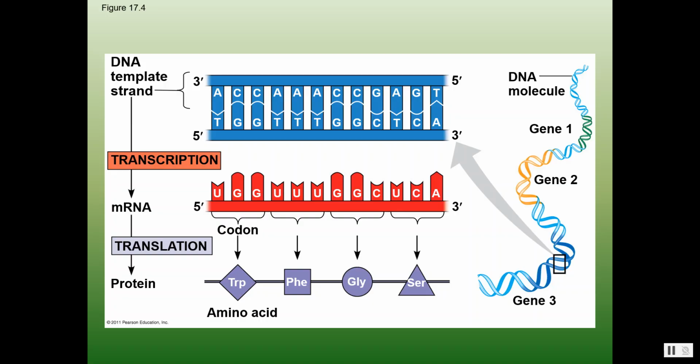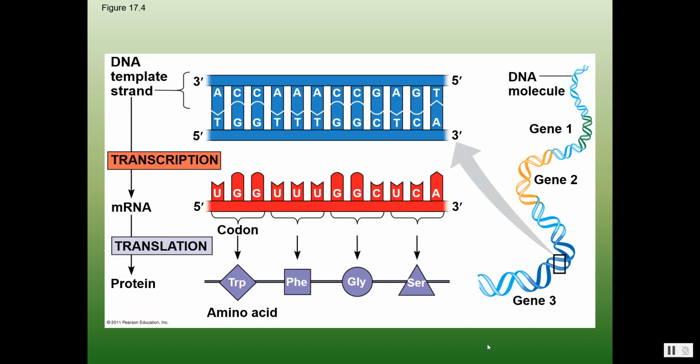So when we have a DNA letter A, or adenine, it's going to pair up with a U, a uracil in RNA. When we have a C, it pairs up with G. When we have an A, it pairs up with U. When we have a T, it pairs up with A. And so you just basically make a complementary RNA strand that goes with the DNA strand that you're making a template of. So here, the ACC is going to transcribe into UGG.